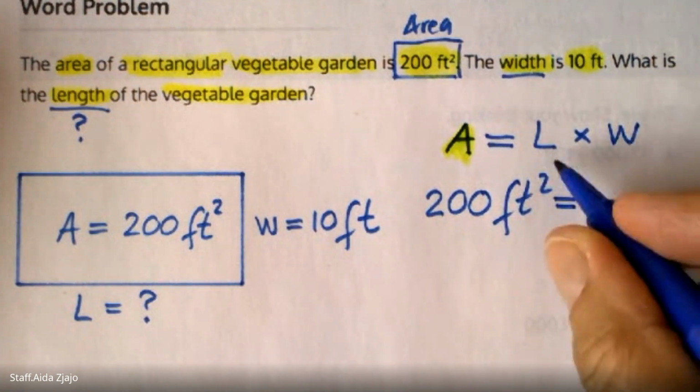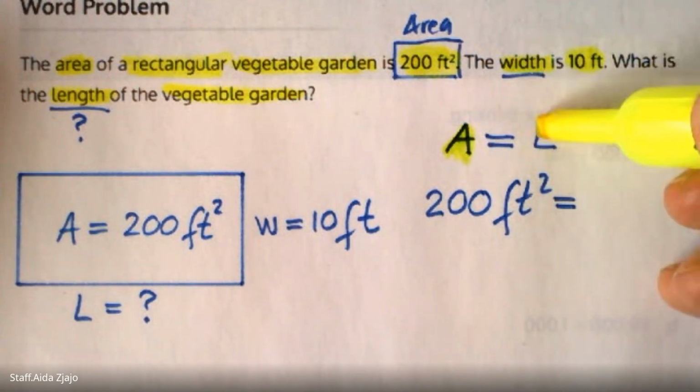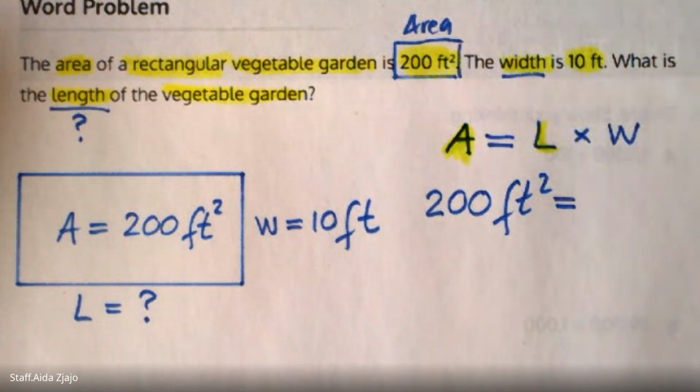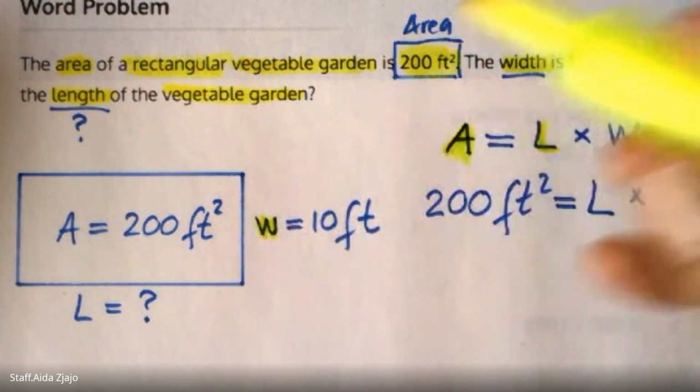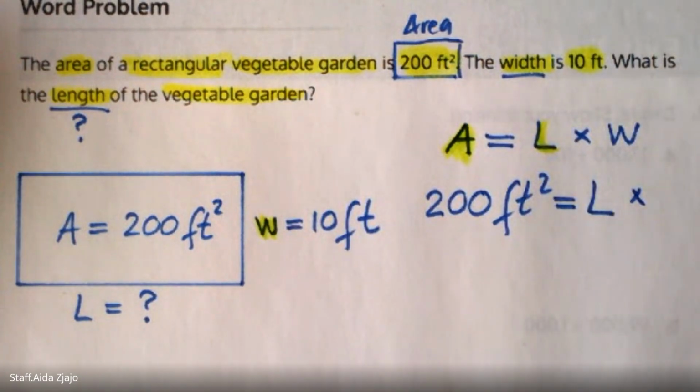And then we don't know what the length is, so we're just going to leave that there. And then times W, and we know that the width is 10 feet squared, 10 square feet.